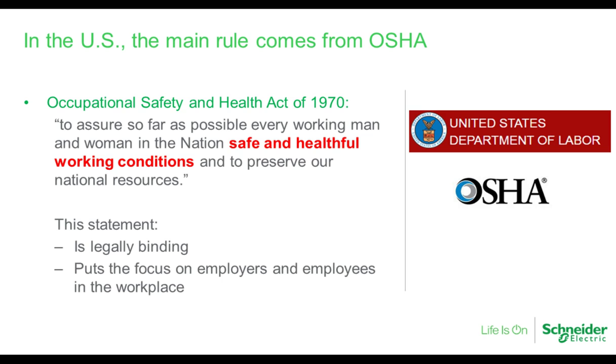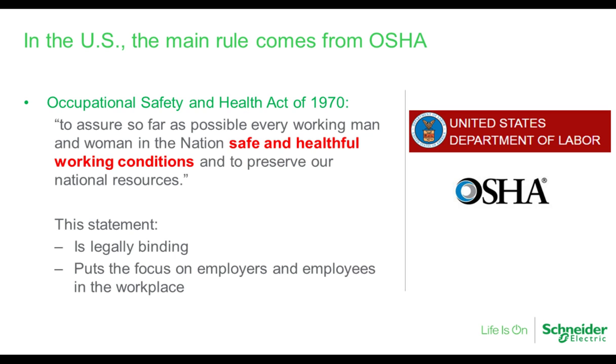But as we look specifically at the United States, the one that we usually care about the most, by far, is OSHA. And this is because OSHA is not really just a set of standards or guidelines, but it is actually the enforcement agency that makes sure that we are complying with whatever guidelines there are.